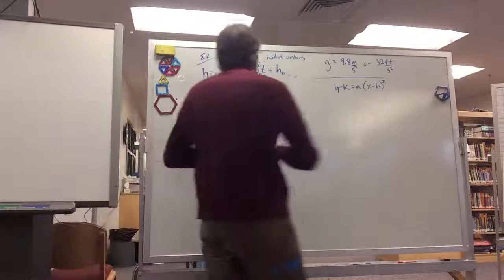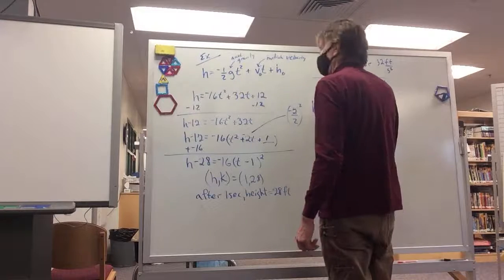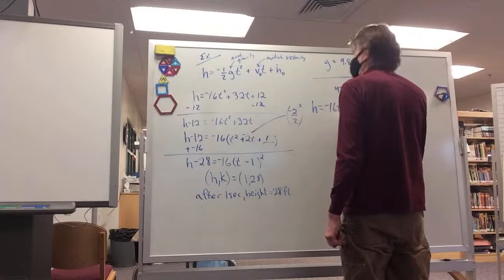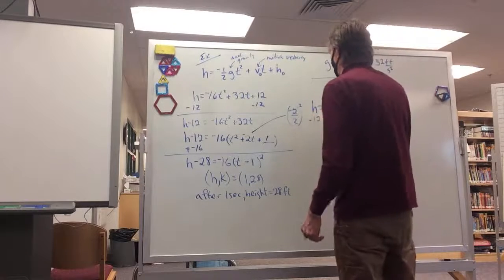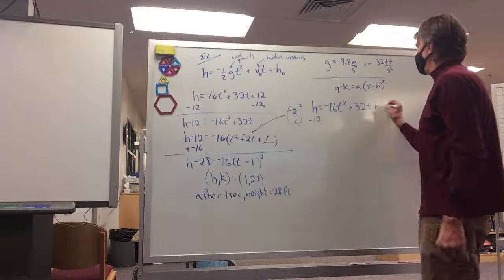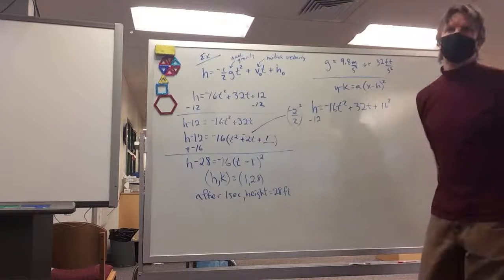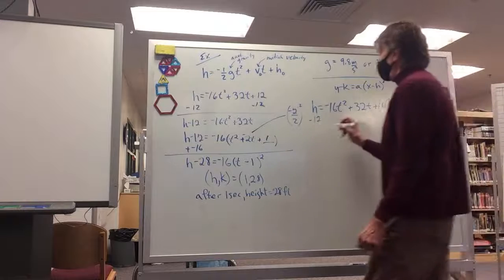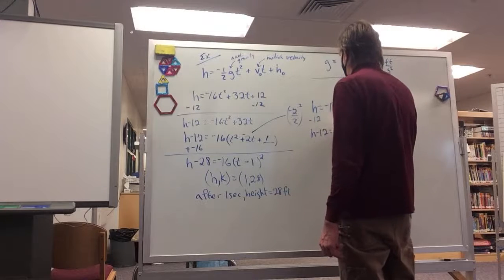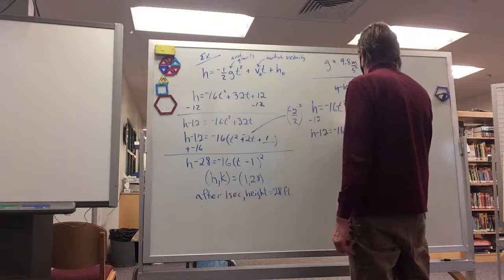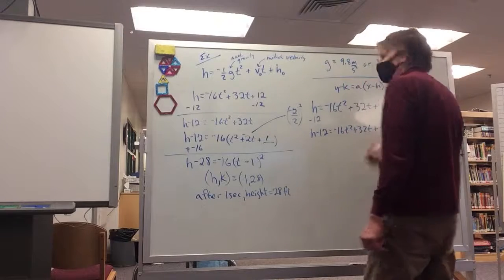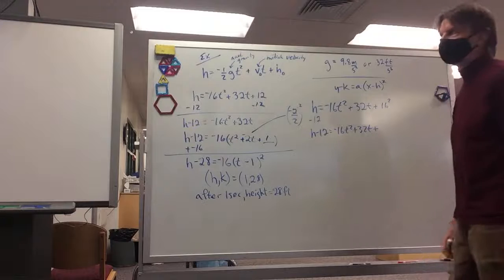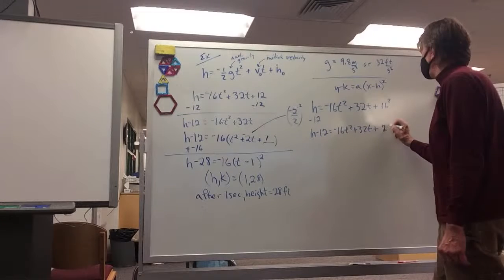You see, if we'd have gone the long route here, negative 16 t squared plus 32t, and then if we subtracted 12 from both sides, here's what we have to do. We've got to take 16 squared. What's 16 squared? 256.